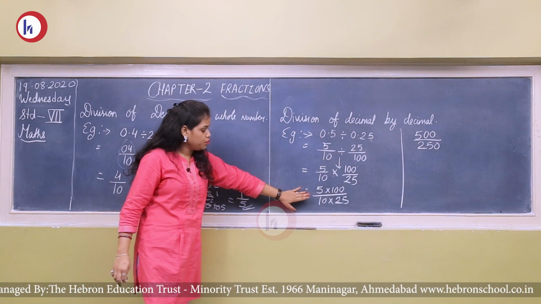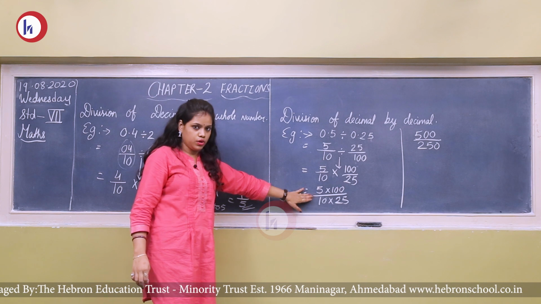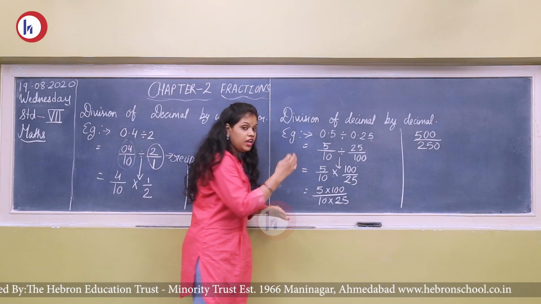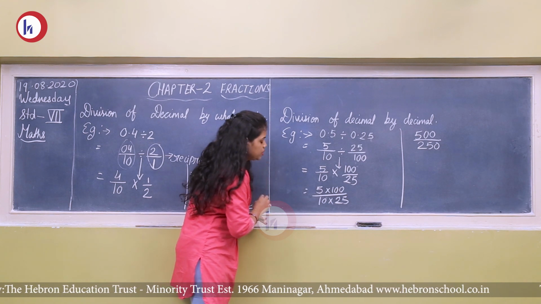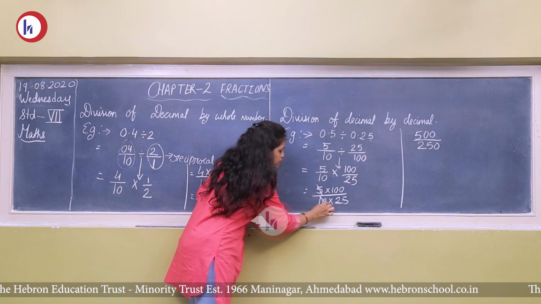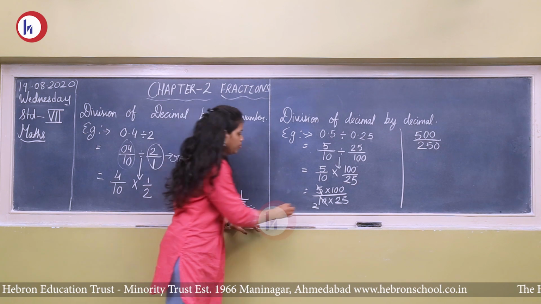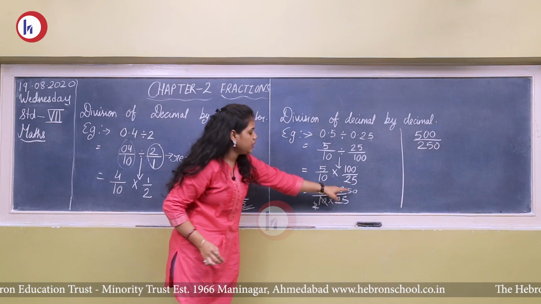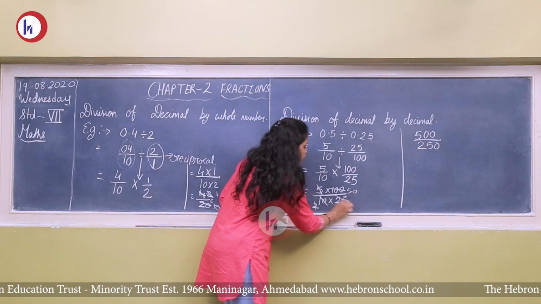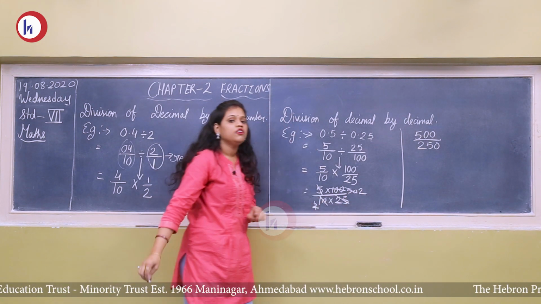So we are going to reduce it here only, before multiplying. Let's see if they are coming in a common table. Yes, 5 2s are 10, then 2 and 50, then 50 and 25 are also common. 25 2s are 50.